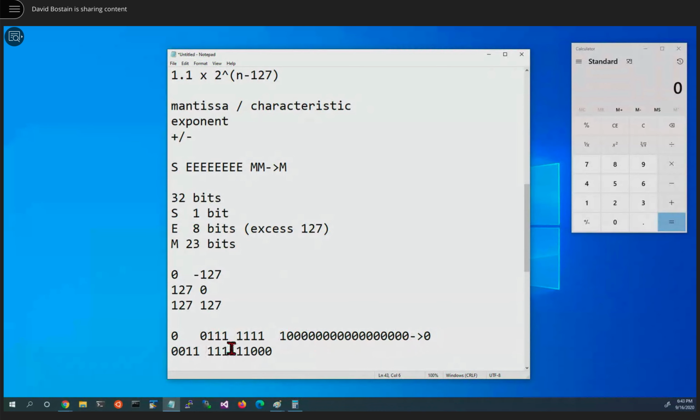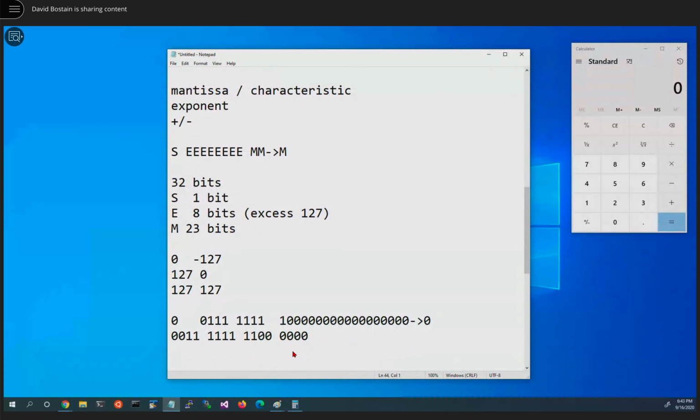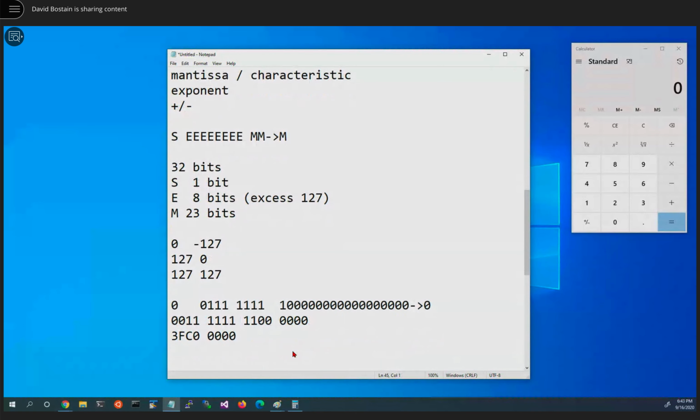If I group this into sets of 4, and there'll be some more, we can write that down. We've memorized 0, 0, 1, 1 to be a 3. 1, 1, 1, 1 is an F. 1, 1, 0, 0 is a C. 0, 0, 0, 0 is a 0. And then we have 4 more zeros.